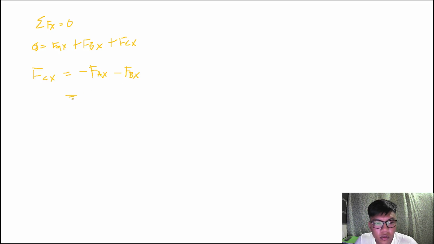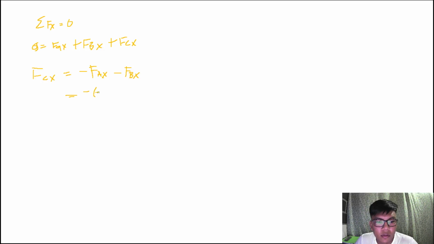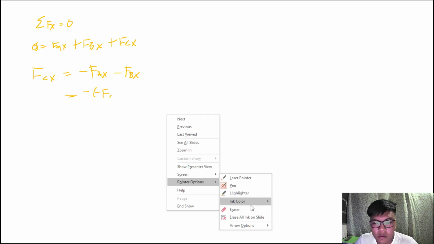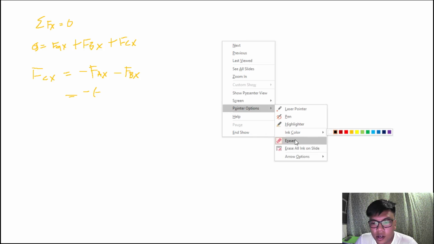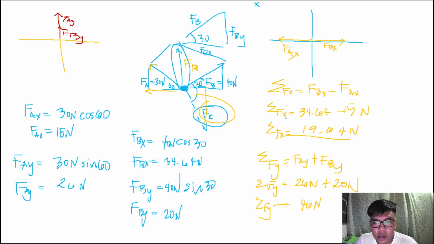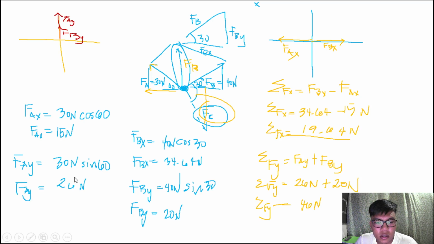Okay, so kung titignan, yung ating F sub ax ay going negative side. So we have now negative times negative F sub ax. Palitan na natin ng value para mabilis tayo. We have negative F sub AX, so we have negative 15 Newton, minus F sub BX.